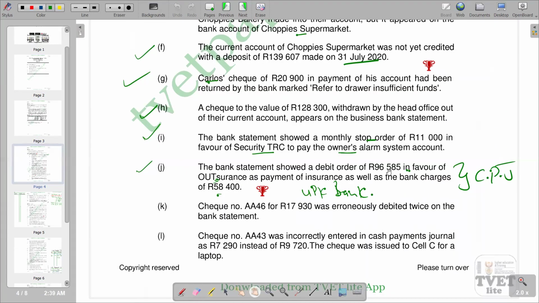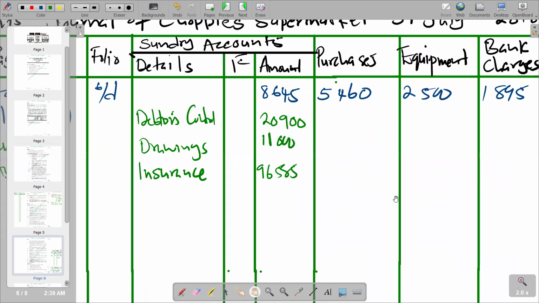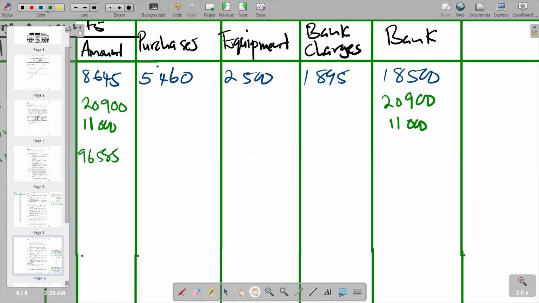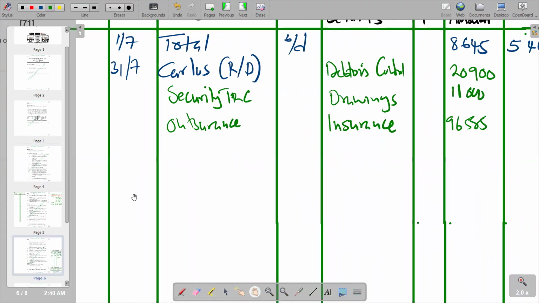It's for 96,585. Obviously, it goes under the pay column again. We are saying 96,585.